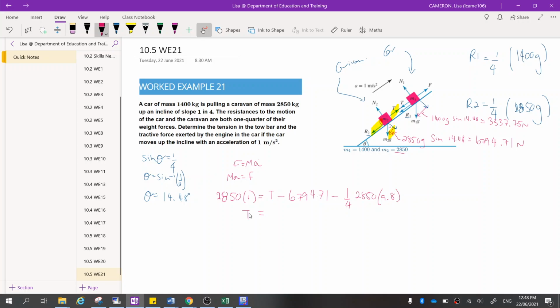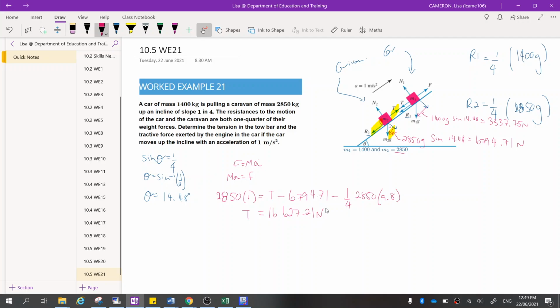So it'll be 2850 plus 6794.71 plus a quarter times 9.8 times 2850. Okay, and that gets me 6627.21 newtons of force.